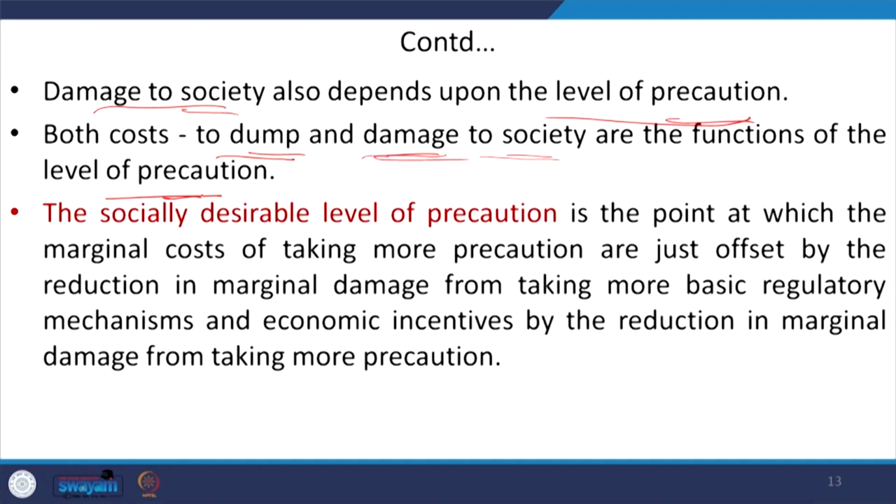Okay. But now the question is, what is the socially desirable, or socially optimal, level of precautions that the dump owner needs to take? We can determine this point at which the marginal cost of taking one more precaution is just balanced, or just offset, by the reduction in the marginal damage from taking that extra precaution.